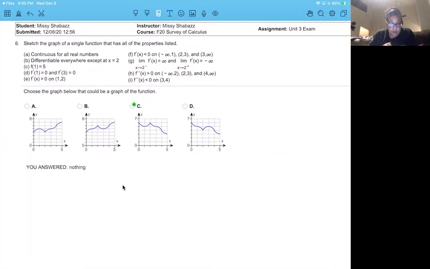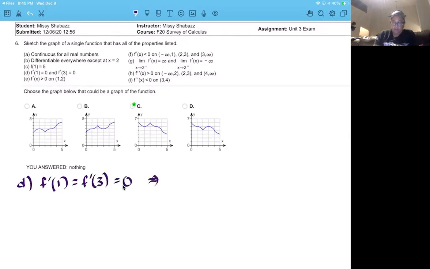They tell me on D that f prime of 1 equals 0 and f prime of 3 equals 0. So what does that mean? On part D, f prime of 1 and f prime of 3 equals 0.